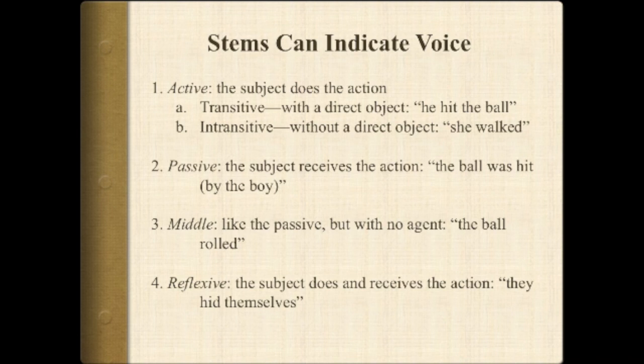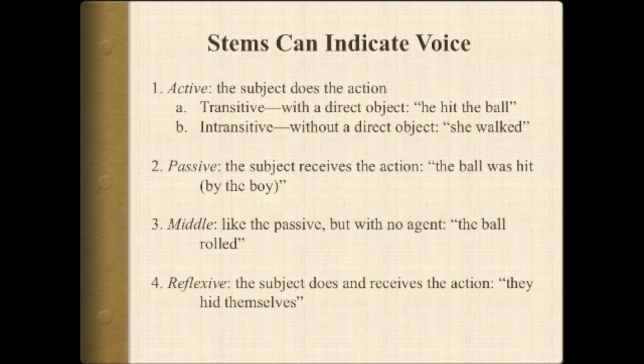So in active voice, the subject does the action, and it can either take a direct object, in which case it is transitive, he hit the ball, or it can be intransitive, without a direct object, she walked.